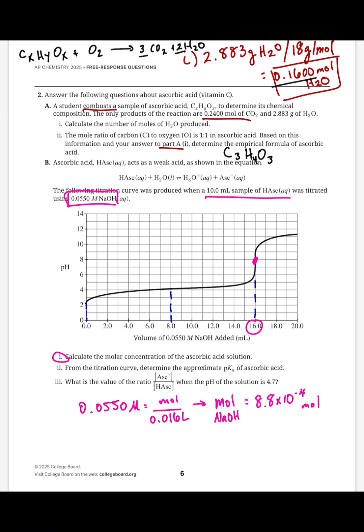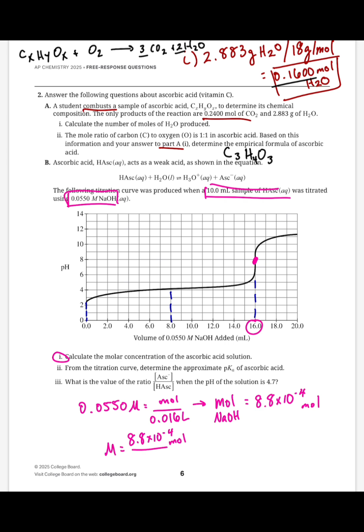Now, it's going to be a 1:1 ratio between the sodium hydroxide and our ascorbic acid, because our equation here shows us that we only have 1 proton breaking off from the ascorbic acid. So this mole amount is equal to the moles of ascorbic acid. In order to find the molarity of the ascorbic acid, we take our mole amount, which is the same value, and divide it by the volume that we used.